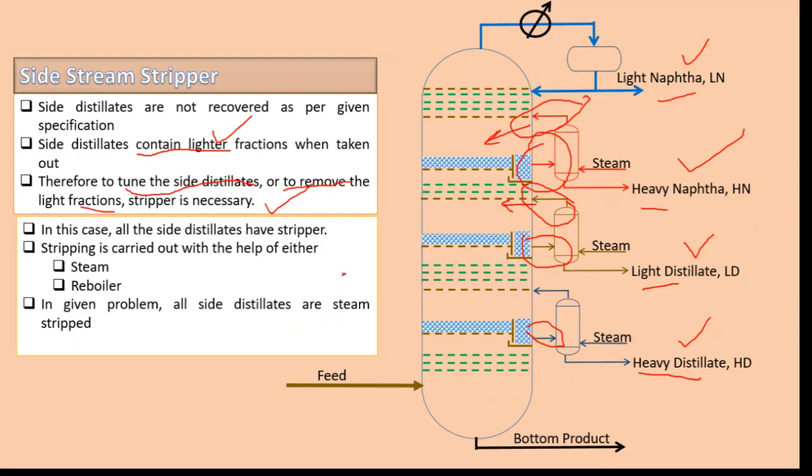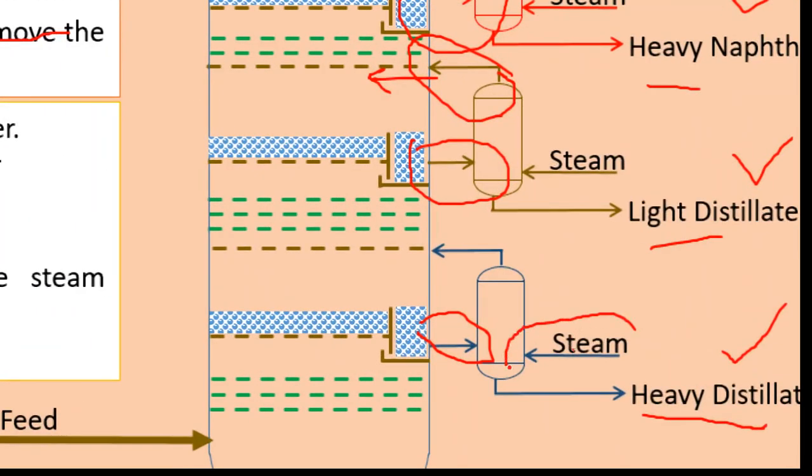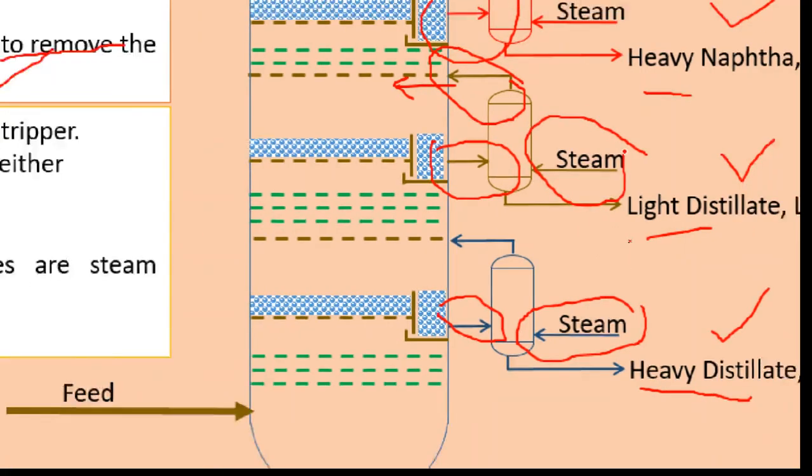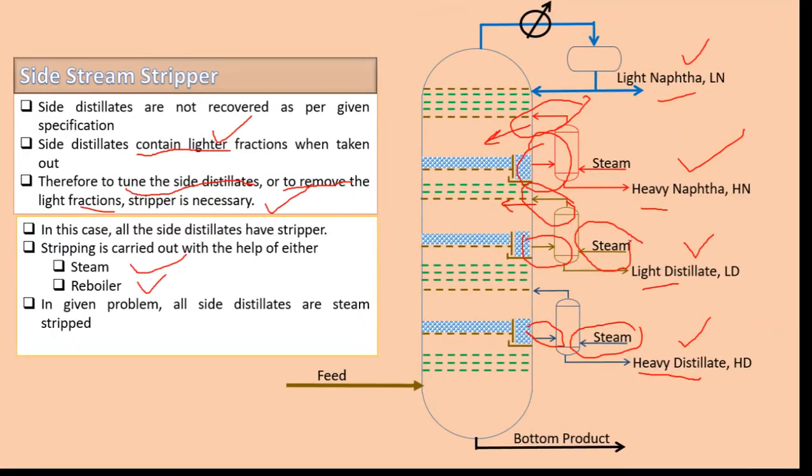Stripping is carried out either with the help of steam or a reboiler. In the given problem, all the side distillates are steam stripped. We are providing steam for every product during the stripping, basically to remove the lighter fractions from the side strippers. So this is the story about the importance and significance of side strippers.